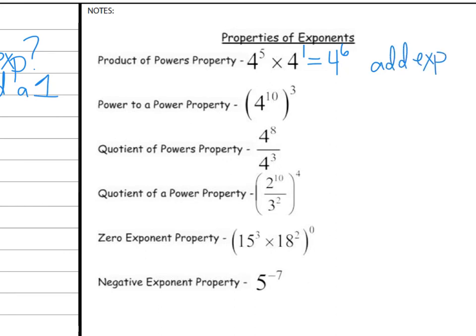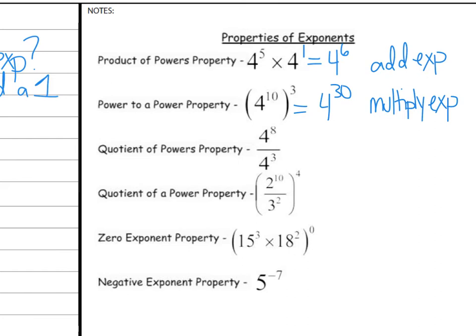For the next one, power to a power property, there's an exponent outside of another exponent, 4 to the 10, all to the 3rd. This is when I multiply my exponents, so I would get 4 to the 30, and I'm going to write that I multiplied the exponents.